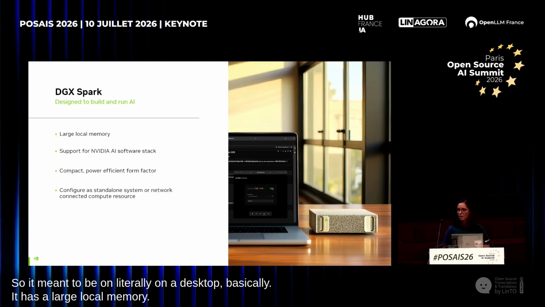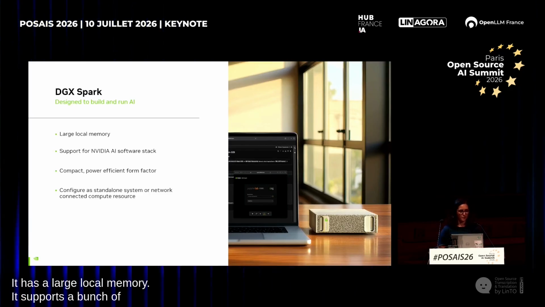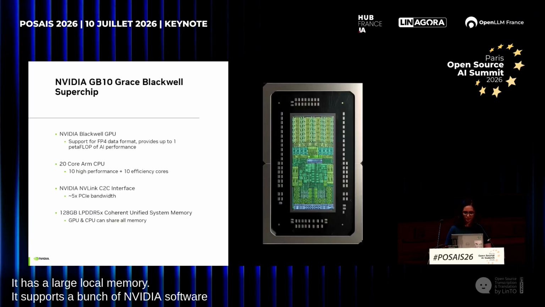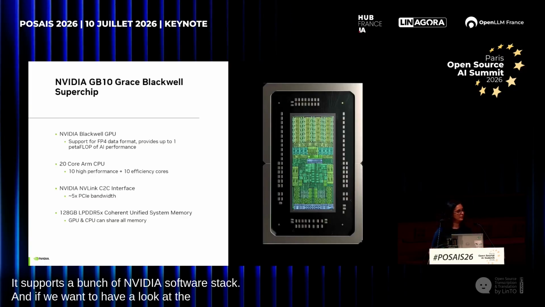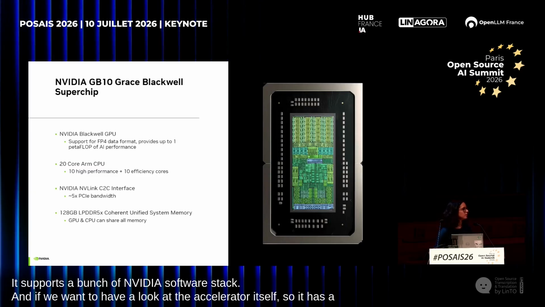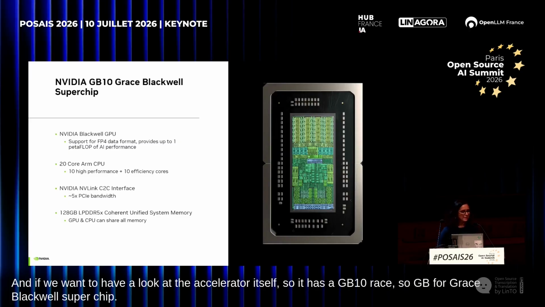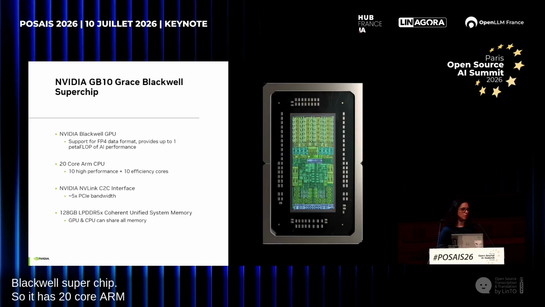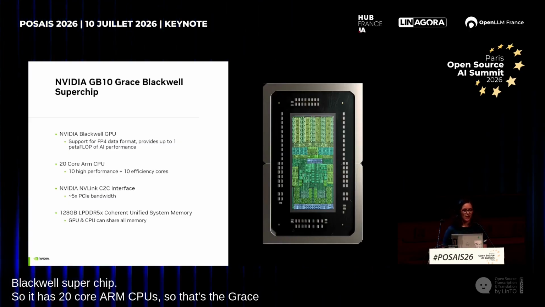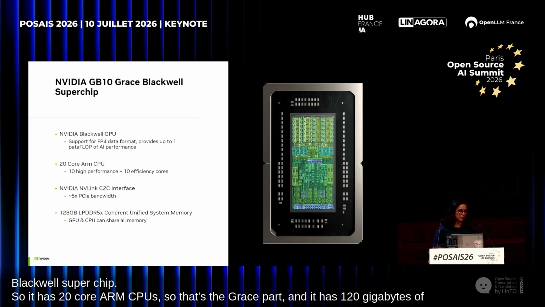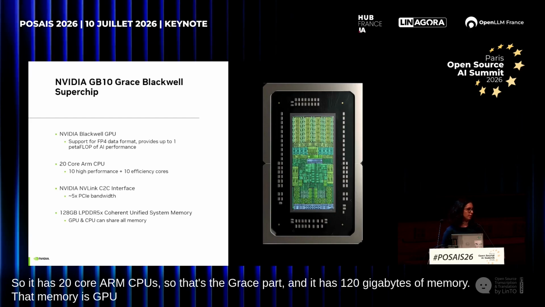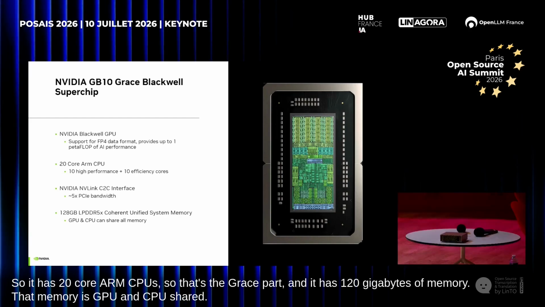It supports a bunch of the NVIDIA software stack. And if we look at the accelerator itself, it has a GB10, GB for Grace Blackwell superchip. It has 20-core ARM CPUs, that's the Grace part, and it has 120 gigabytes of memory. That memory is shared between GPU and CPU. So that's a DGX Spark.